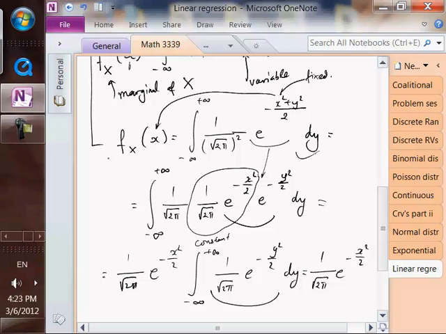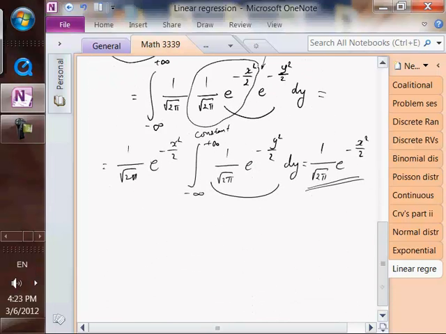So here, when I started with this example of the density, I found that the marginal of x is exactly the value of the density function of the standard normal distribution at this particular lowercase x. So here you see an example of the marginal.